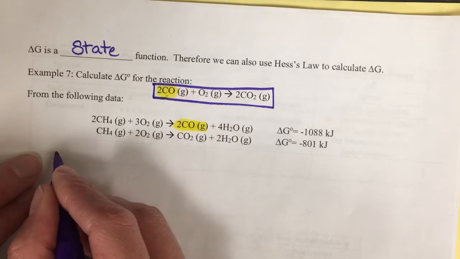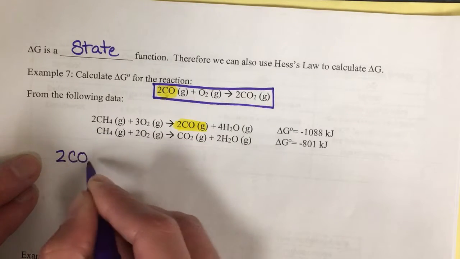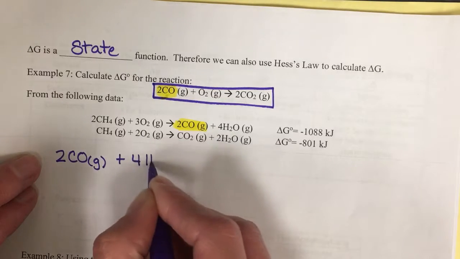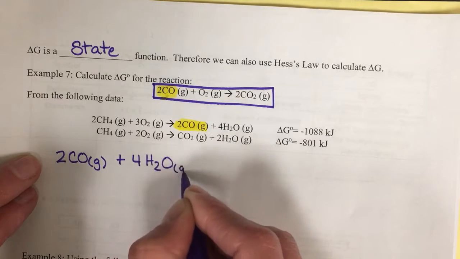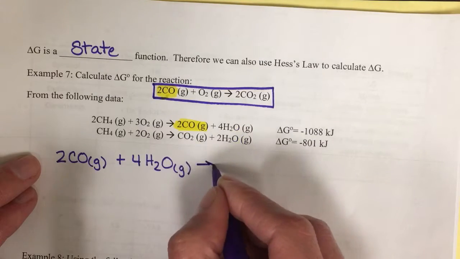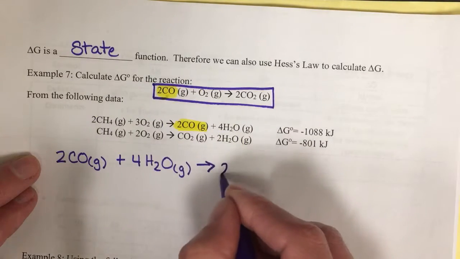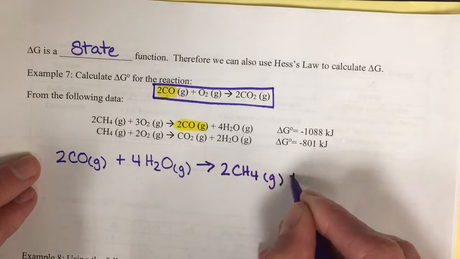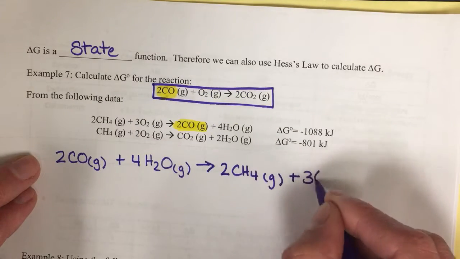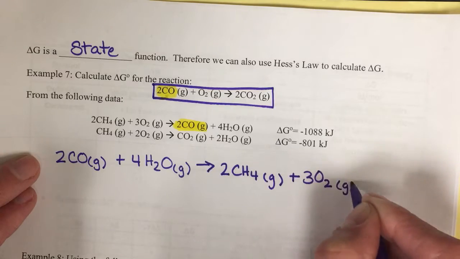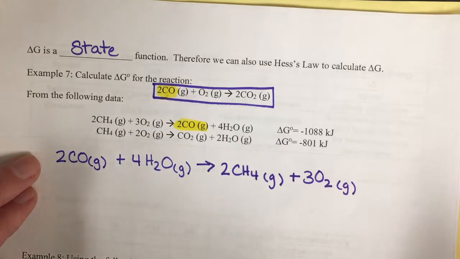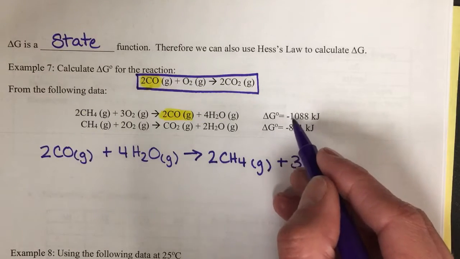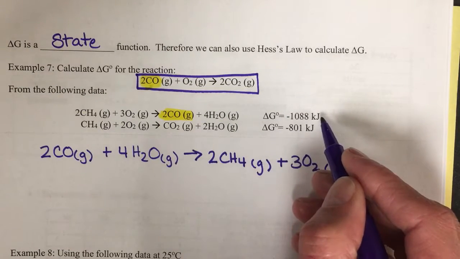I'm going to write it as 2CO gas plus 4H2O gas is going to form 2CH4 gas plus 3O2 gas. Now, initially, this had a delta G value of negative 1088.